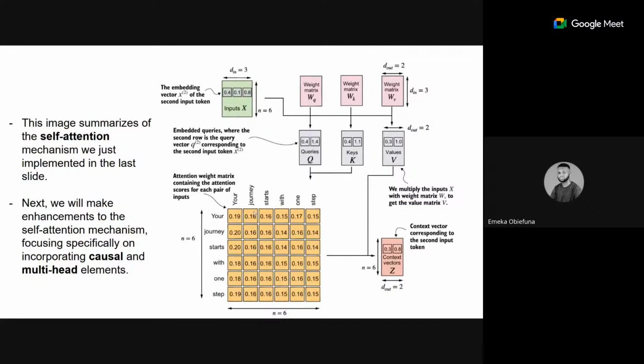Once you've gotten your attention weight matrix, which is this guy, for you to get your context vector, you need to take this attention weight matrix that you're seeing here and multiply it with this value vector to get your context vector. So that's a summary of what's going on in this image. Now that we've discussed this, let's move on to causal attention.